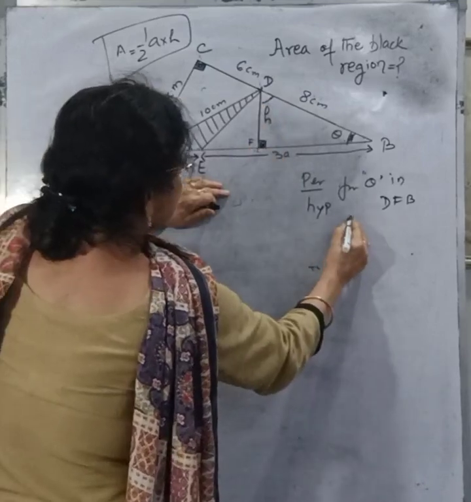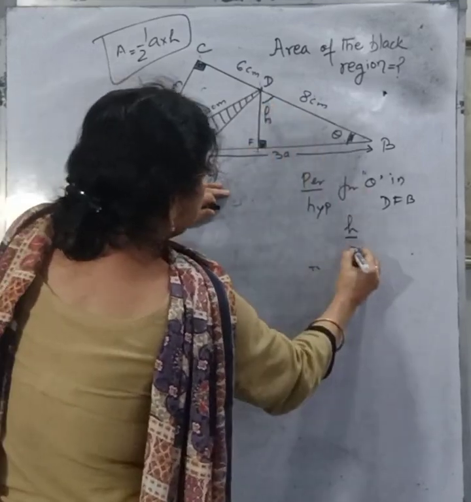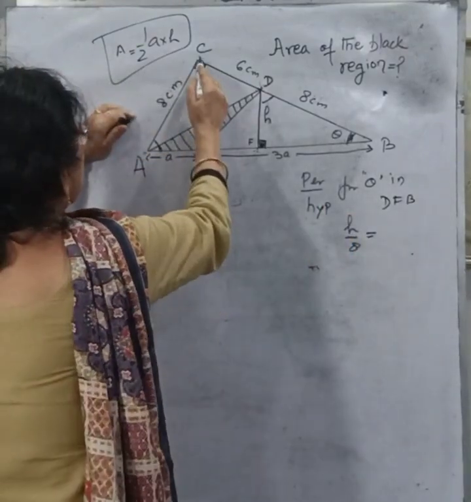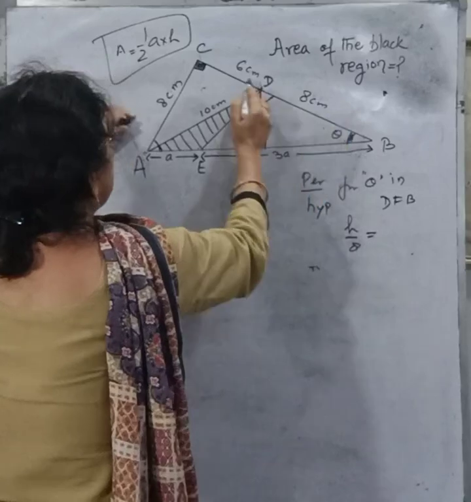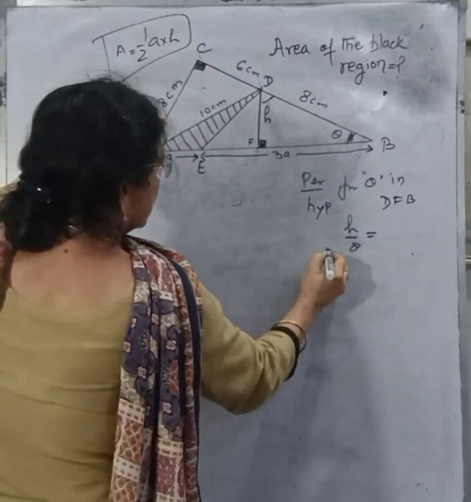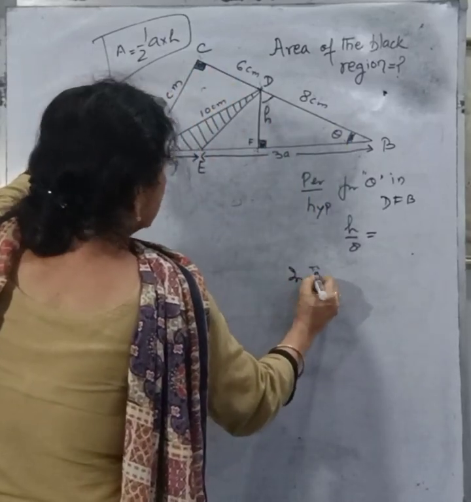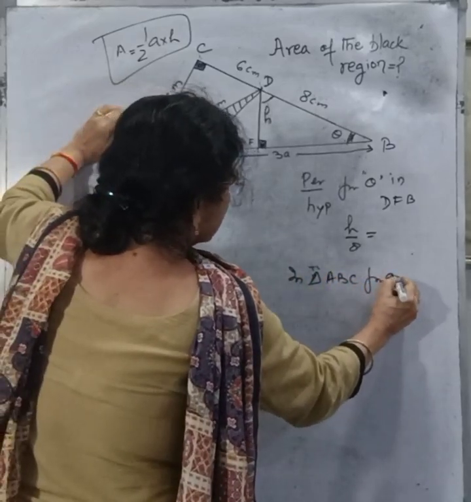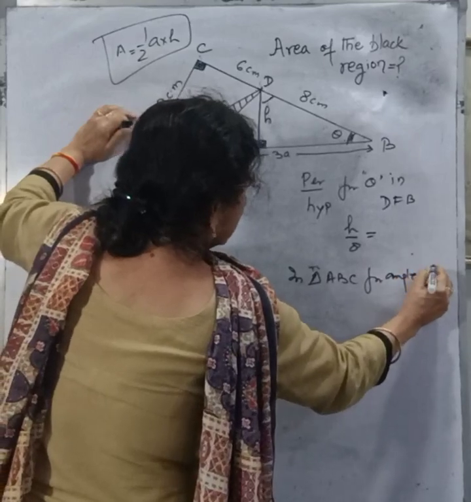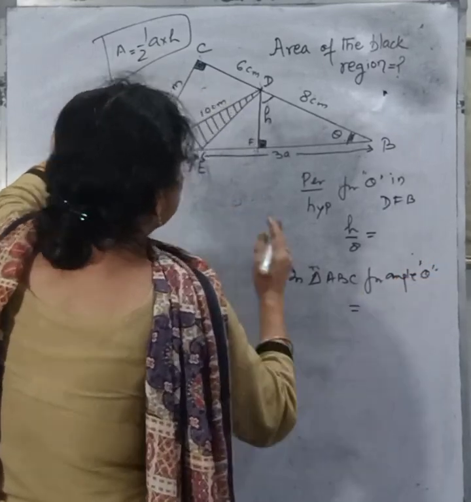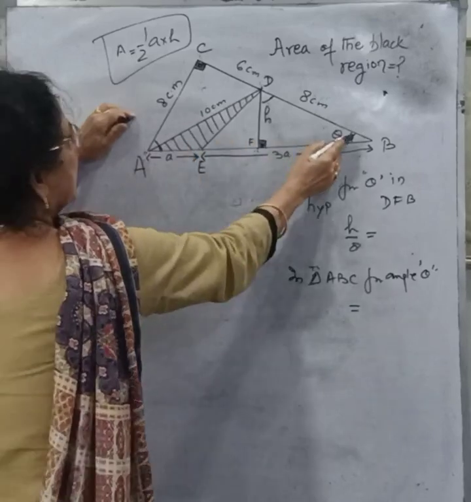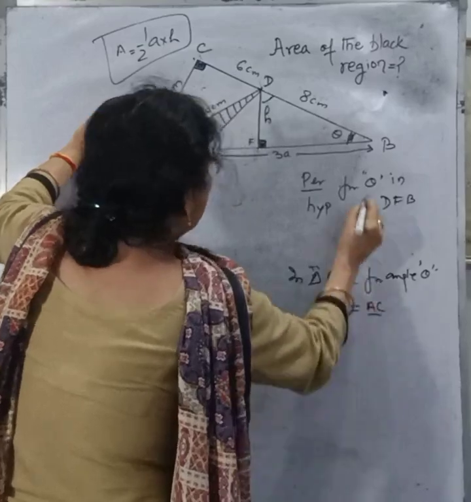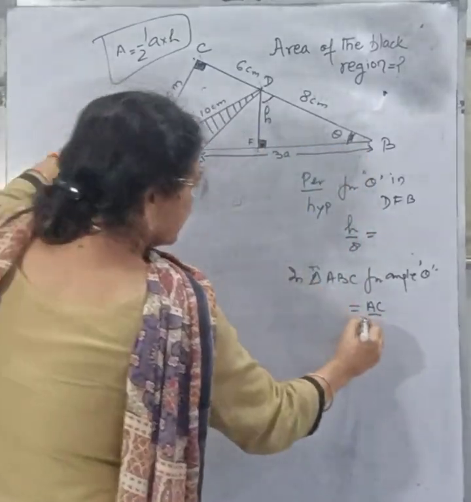This is H upon hypotenuse 8. This will also be equal to perpendicular upon hypotenuse in triangle ABC for angle theta. For angle theta, perpendicular is equal to AC upon hypotenuse, which is equal to 4A.